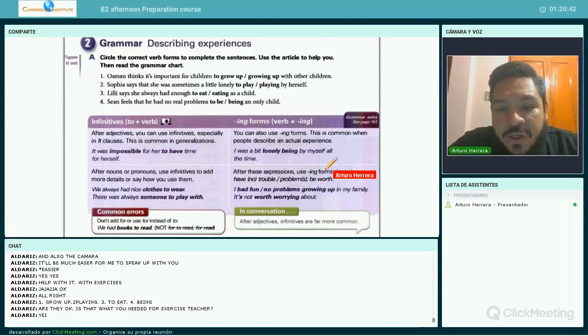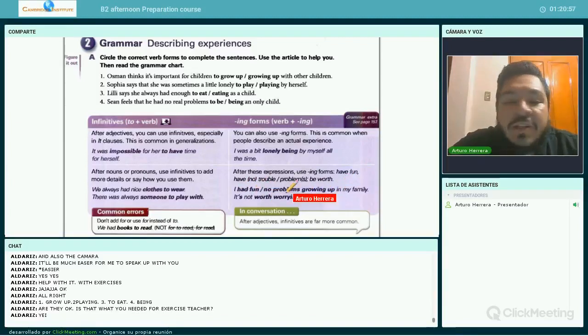These expressions use ing forms: have fun, have no trouble or problems, and be worth. I had fun growing up in my family. I had no problems growing up in my family. It's not worth worrying about.